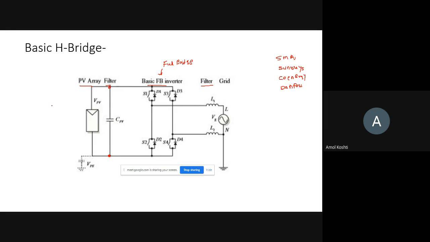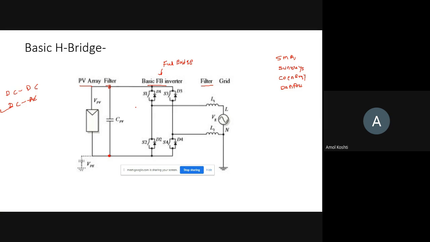We know this. We can also use it for DC to DC, or it can also be used for DC to AC application. It is based on how we are switching this. As far as this is concerned, we are using it for DC to AC.